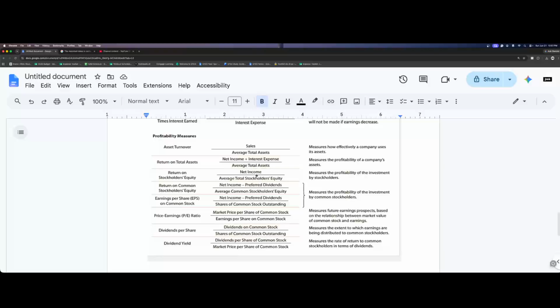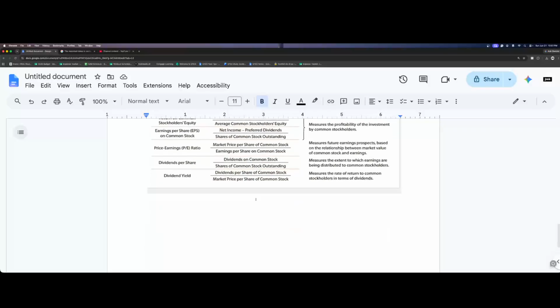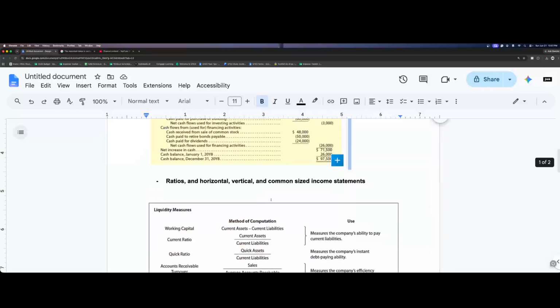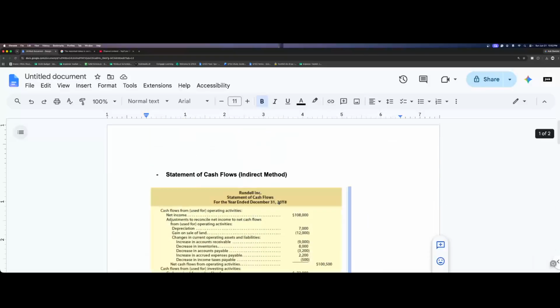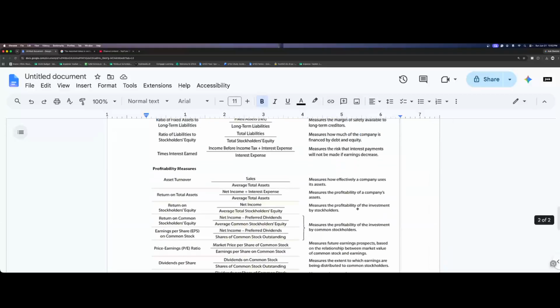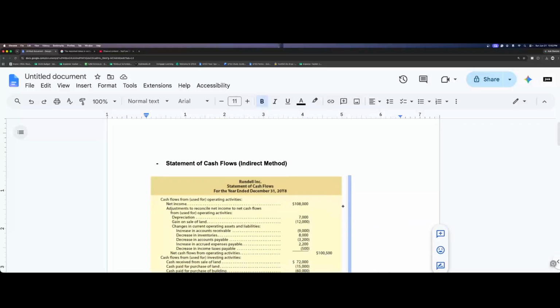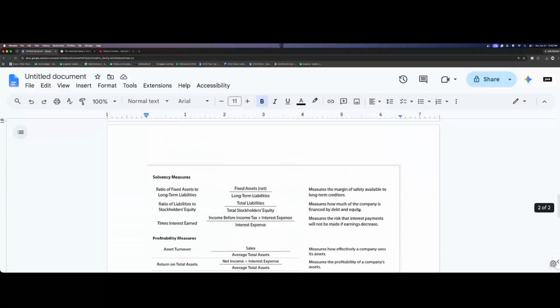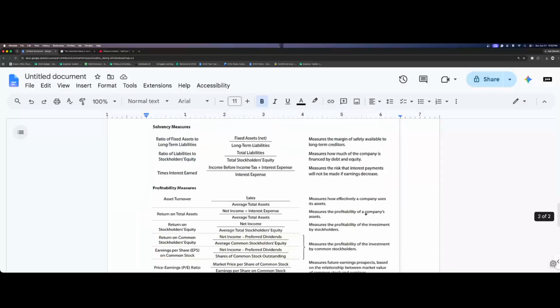And for the other half, the return on common shareholders' equity and the earnings per share, you have to make sure to subtract the preferred dividends. That's a big part of it. But the only way you guys can really do this is to really memorize the format of the statement of cash flow, as well as the ratios. That's the only real way to move forward with this.